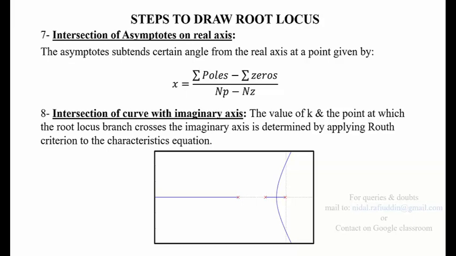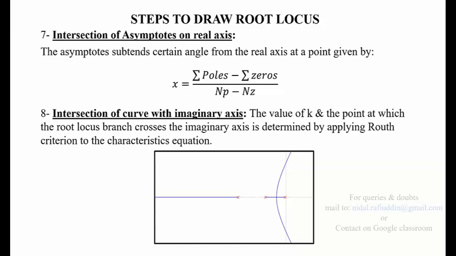auxiliary equation. So once you obtain the Routh table, you'll be obtaining some expressions in terms of k in the first column of the Routh table. Since we learned that if any value in the first column of the Routh table is going to be 0, and there are no sign changes above that 0 and below it, then that case corresponds to the situation of a critically damped system, and thus we'll try to evaluate a value comprising k in the first column of the Routh array, and are going to equate that term with 0.